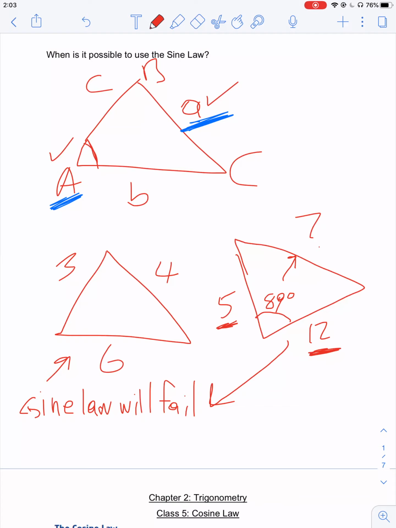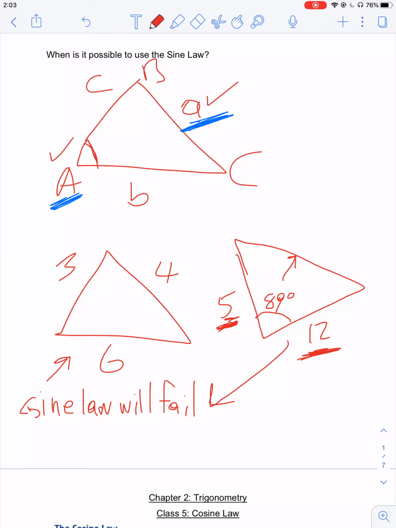Okay, so when you have side angle side and the angle has to be in between two of your sides, sine law cannot work, okay? Because again, for it to work, you need an angle and a side opposite to it. Here, even though you have a lot of information, you're missing the crucial piece of information that you need for this to work.